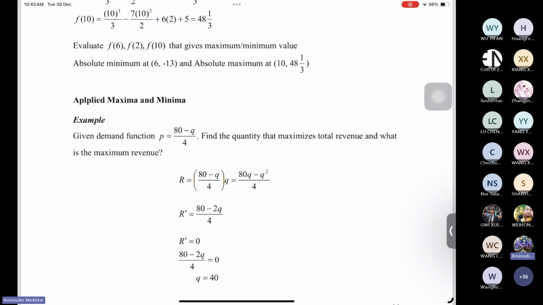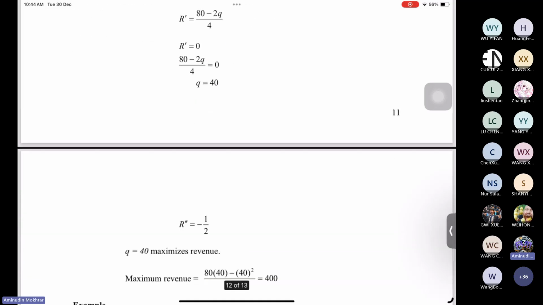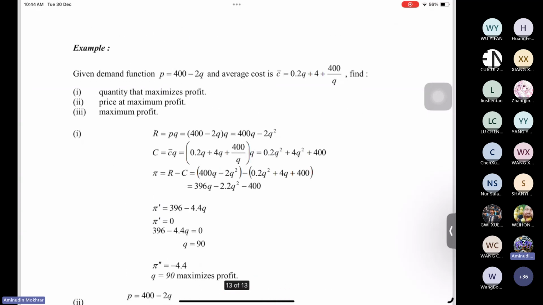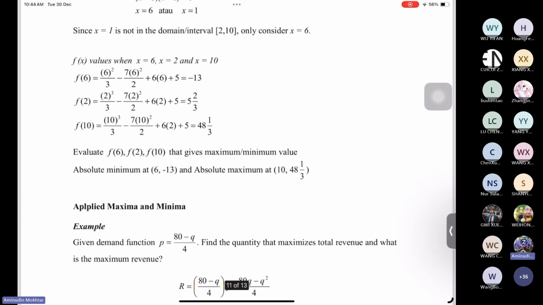I hope we can meet at Pusanika again in a face-to-face class next week. Next week I will continue this page, the application of maximum and minimum in terms of total revenue, total cost, and so on. So our next meeting is next week.